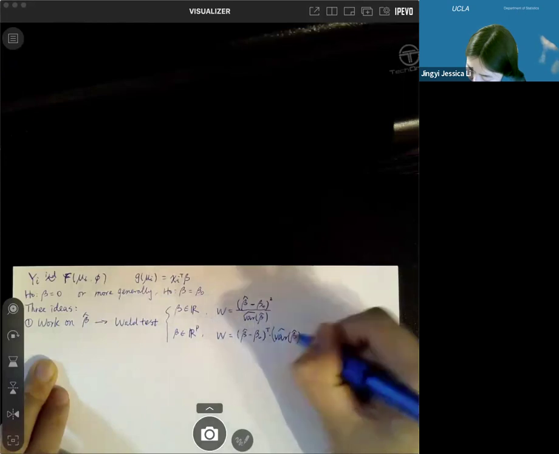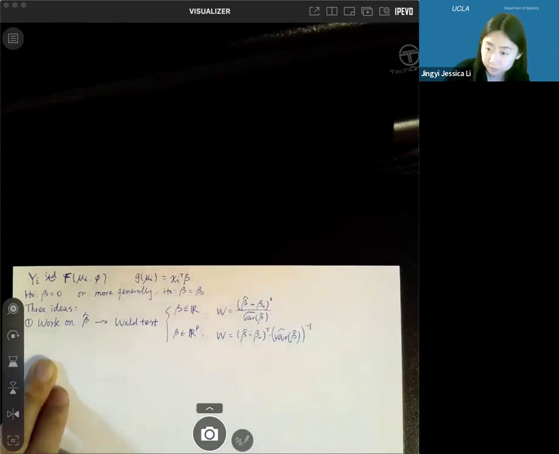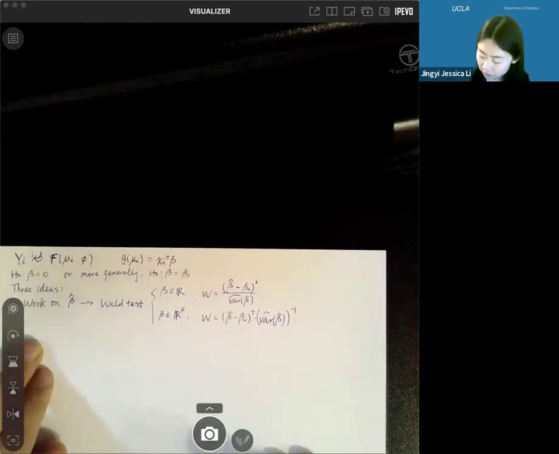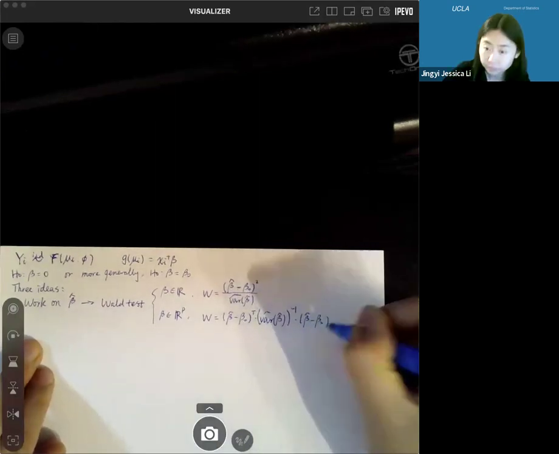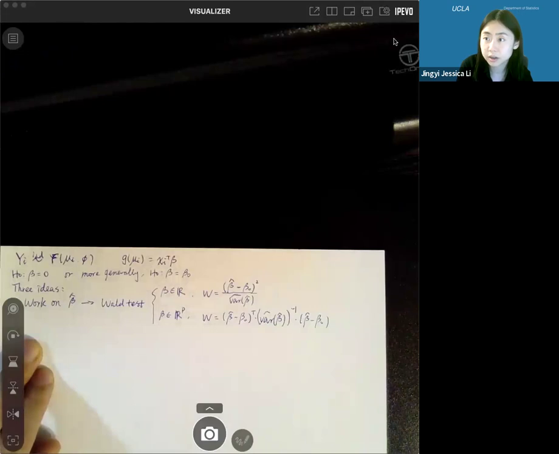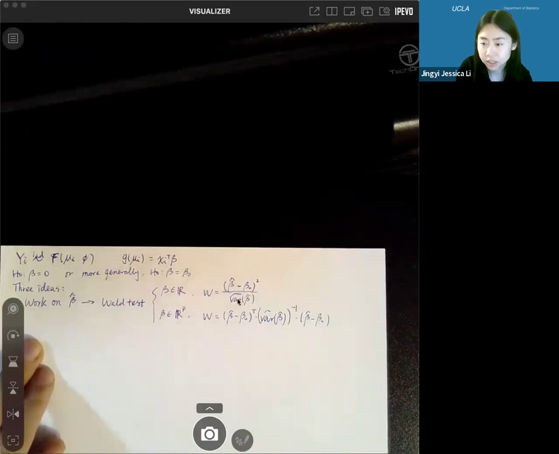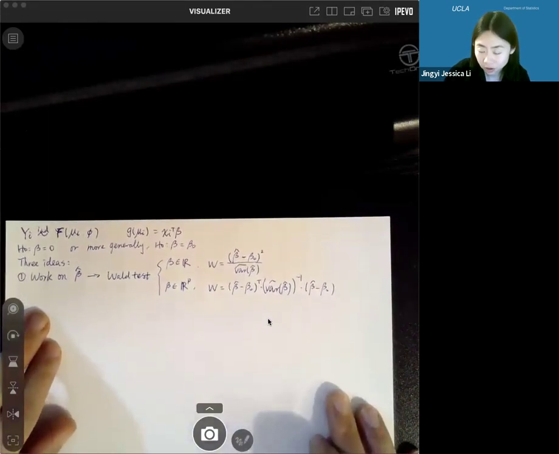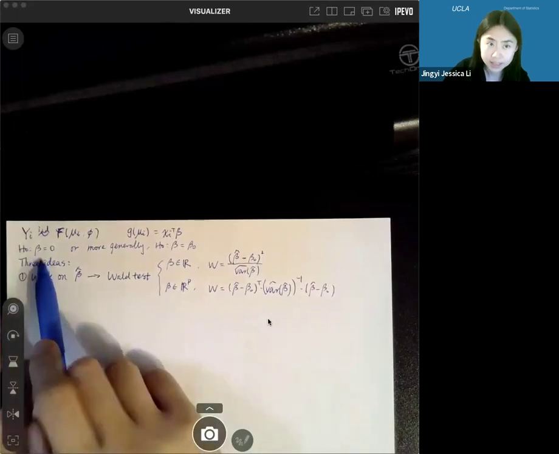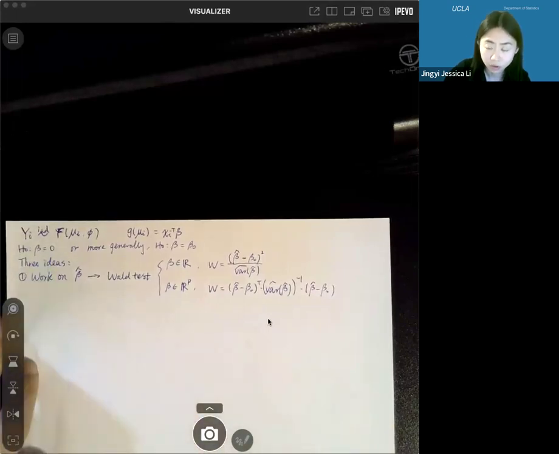We may have a hat for the variance, but we'll take the inverse and then multiply by beta hat minus beta 0. So in this case, we are going to normalize this square form by the variance inverse. So you see, this is the one-dimensional version, and this is the multi-dimensional version. But the idea is to work on beta hat and use it for testing the null hypothesis. That's the first idea.